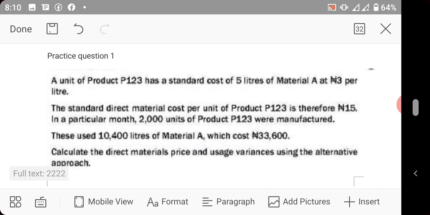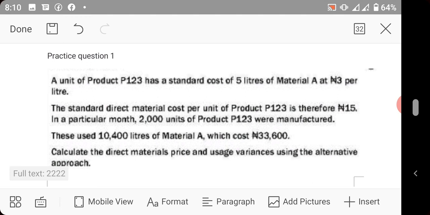A unit of product P has a standard cost of 5 liters of material A at 3 naira per liter. The standard direct material cost per unit of P is therefore 15 naira.